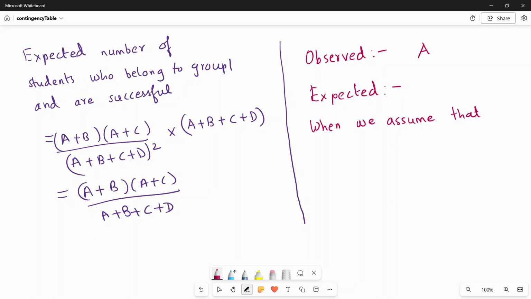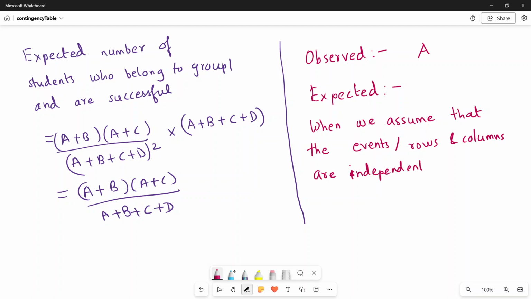Expected in the sense that we assume the events, or let's say rows and columns, are independent of each other.